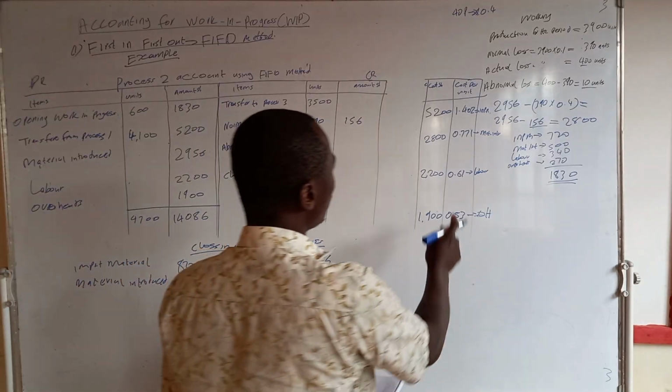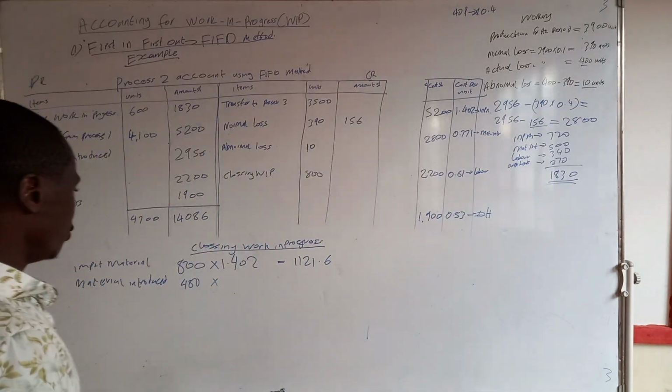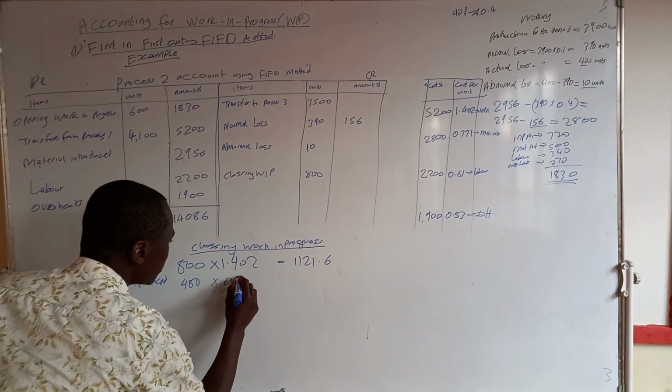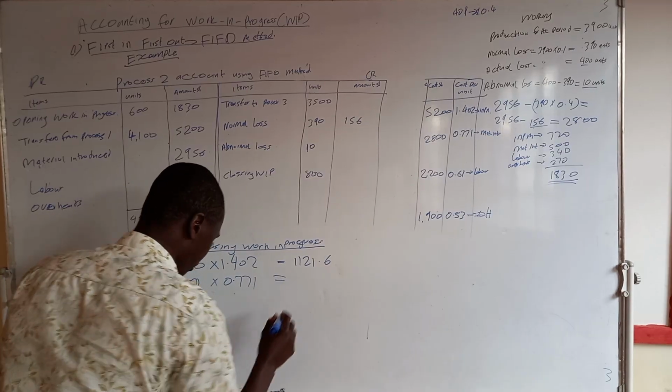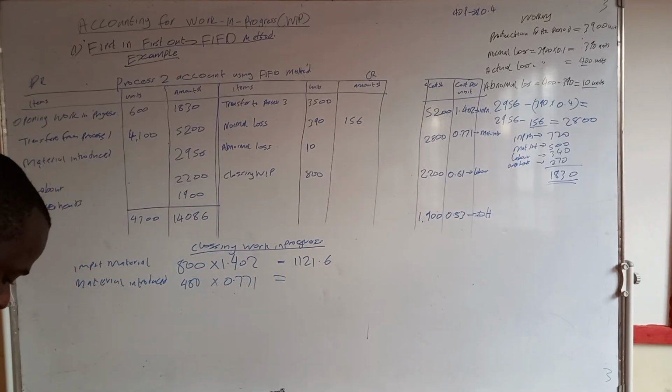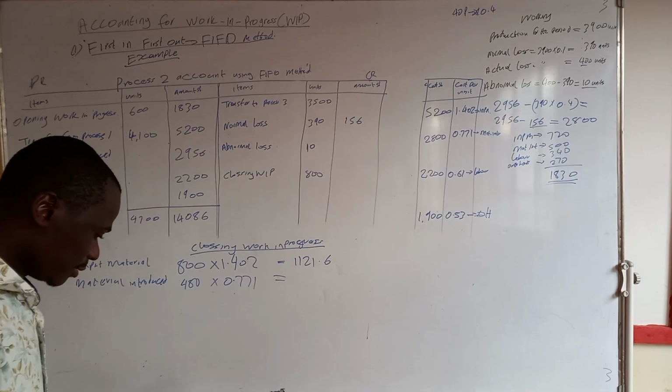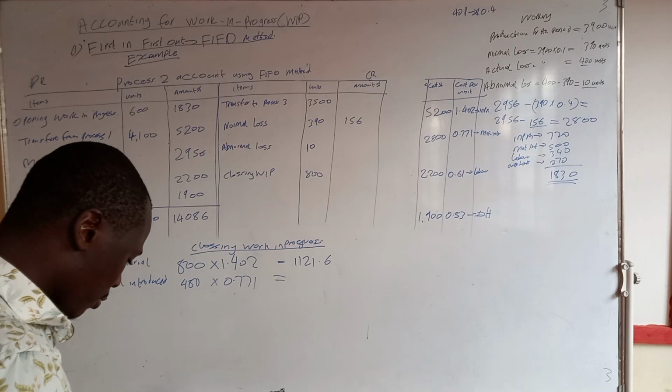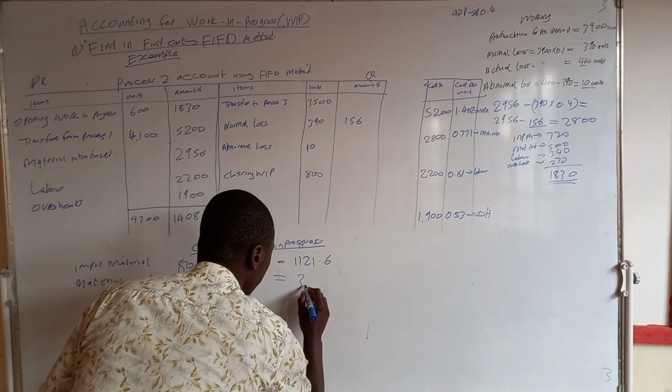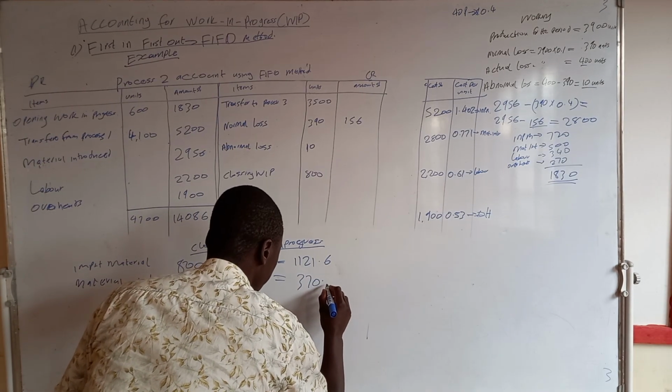Cost per unit is 0.771. So 480 times 0.771 gives us 370.08.